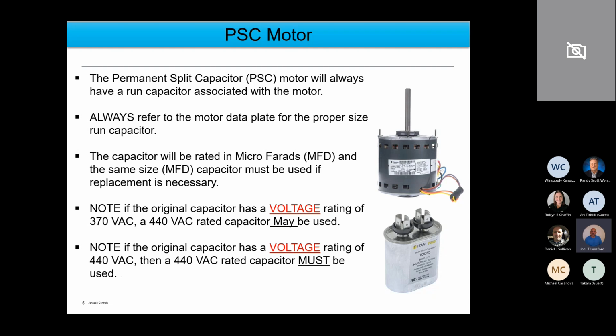To give an example, you might have a 10 microfarad run capacitor that has a voltage rating of 370 volt. But you could still have a 10 microfarad capacitor that had maybe a 440 volt rating. That 440 volt rating just tells you that the plates and the insulation inside that capacitor have a higher voltage rating.